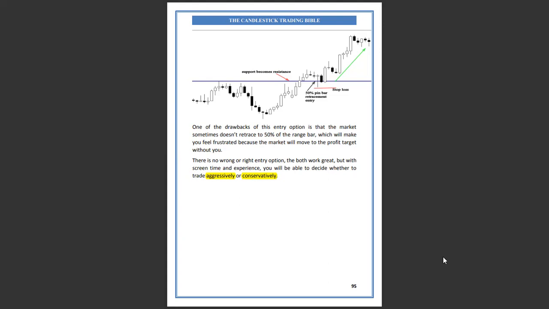Some people are aggressive traders, some are conservative traders. But me, I'm a dominant trader. Either the market is dominant or I'm dominant over the market as well. So we don't have time for consolidation. All the time we trade on trend lines.